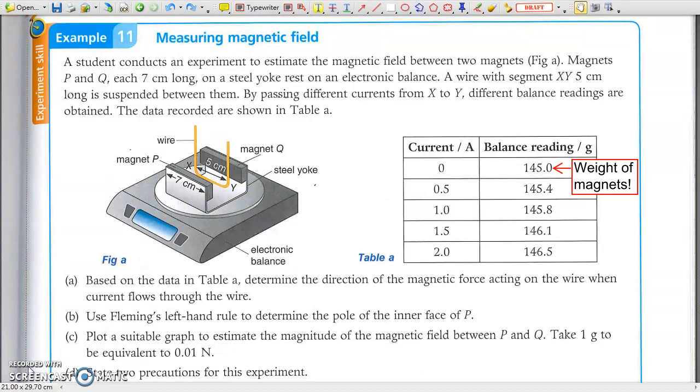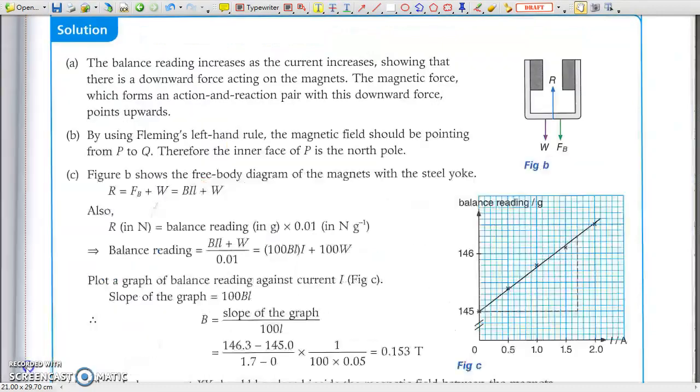The balance reading starts from 145 grams, which is the mass of the magnets. The balance reading increases due to the downward magnetic force on the magnet. So we may tell that the magnetic force on XY is upward.